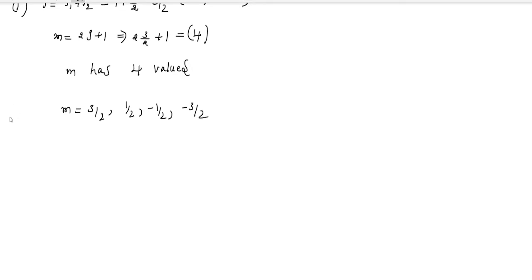Next, the second point here is, if we take j equal to j1 minus j2, then you can get the minimum value. 1 minus 1 divided by 2, because j1 is equal to 1 and j2 is equal to 1 divided by 2, equal to 1 by 2. These are the minimum values.